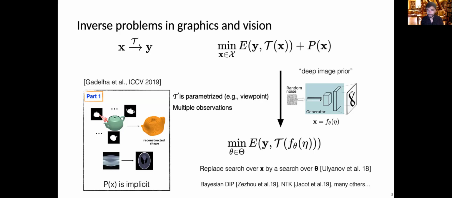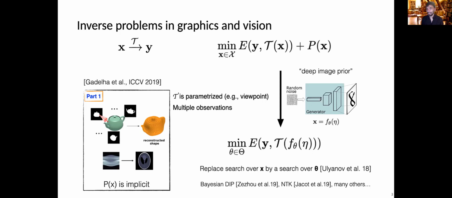That was the idea in this deep image prior paper by Ulyanov et al. You can think of why this works by thinking of a random neural network as a Gaussian process, and similar observations have been made by other people as well.